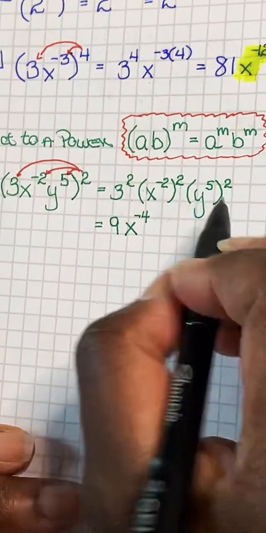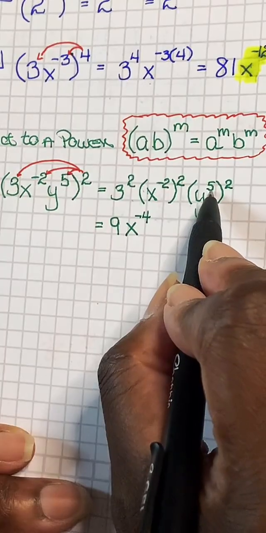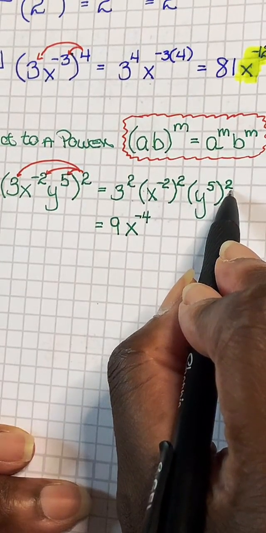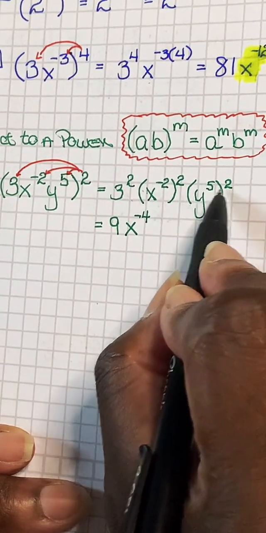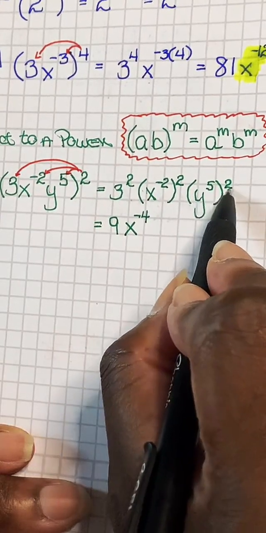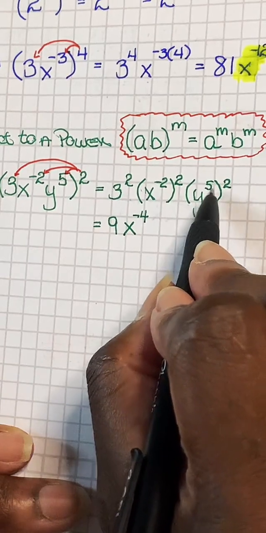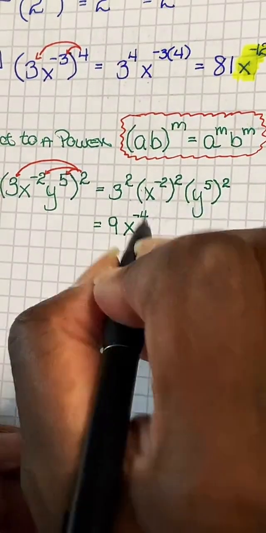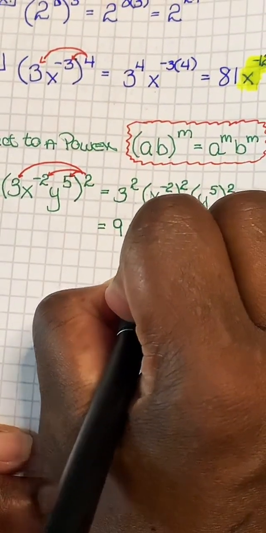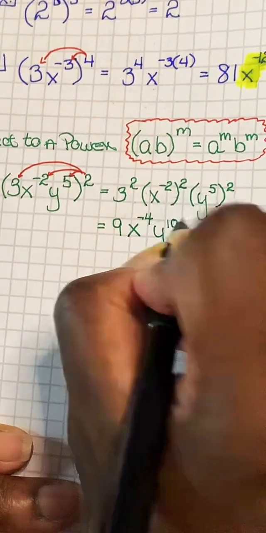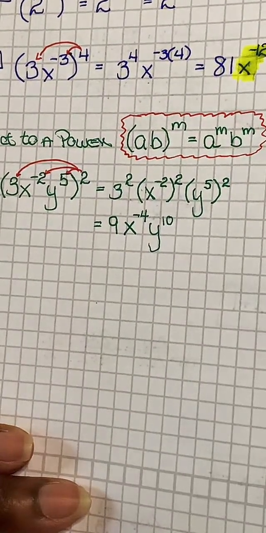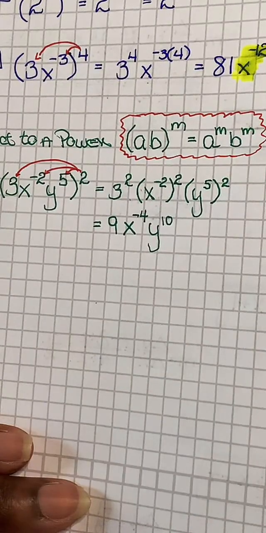So now for the y's, we have y to the 5th power being raised to the 2nd power. When you see exponents being separated by a parenthesis, that means you're multiplying your exponents. So this gives us y to the 10th. Why is it not positive 4?